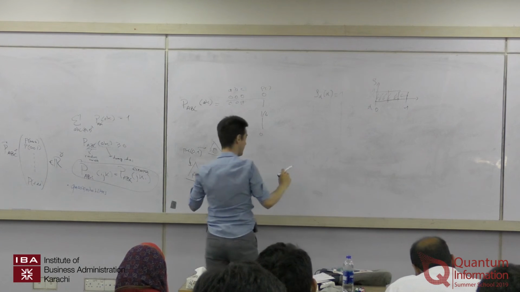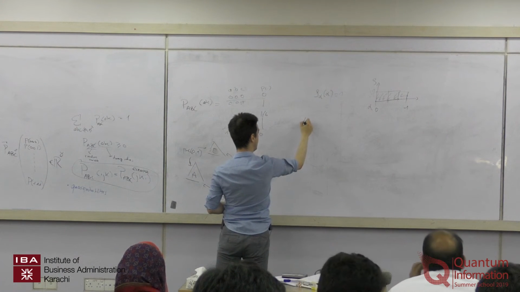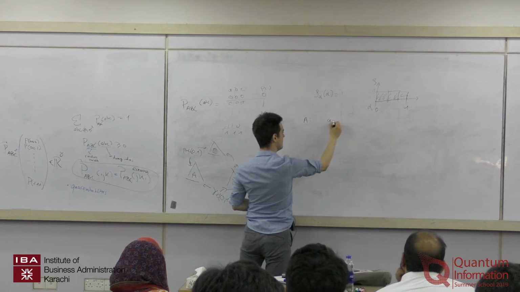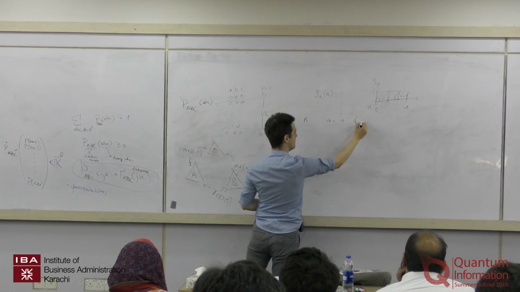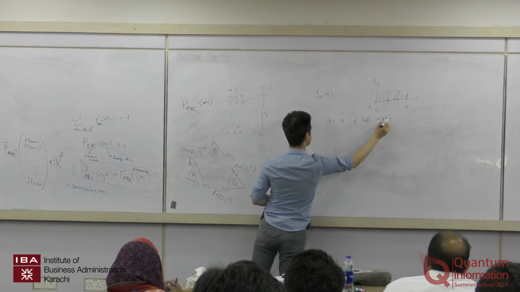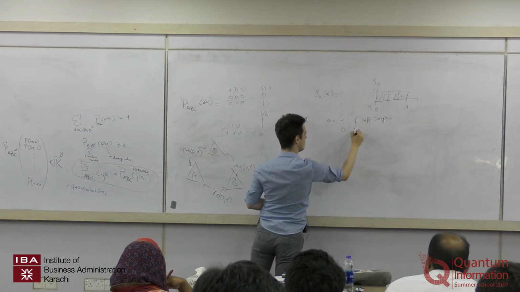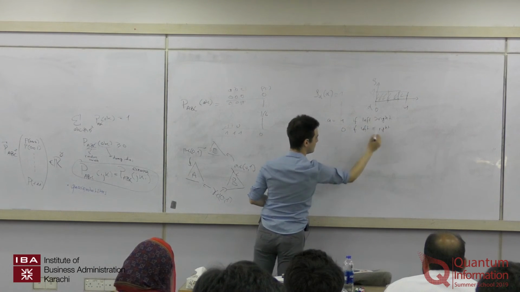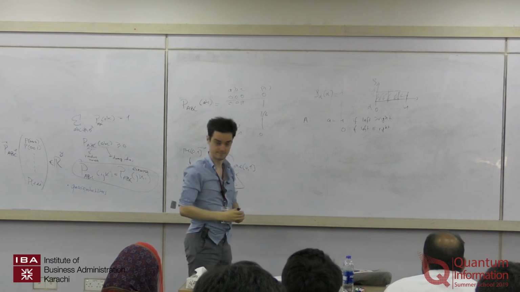So we specified what the variables are, and now what is A going to do? The response is that A is equal to 1 if the variable on the left is bigger than the variable on the right, and it's equal to 0 if the variable on the left is less than or equal to it.